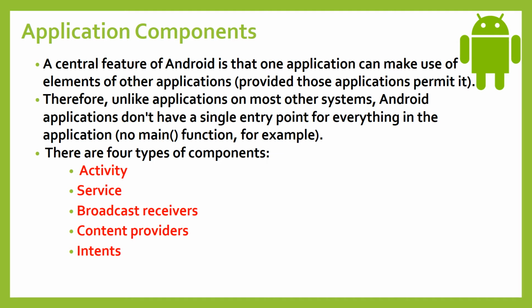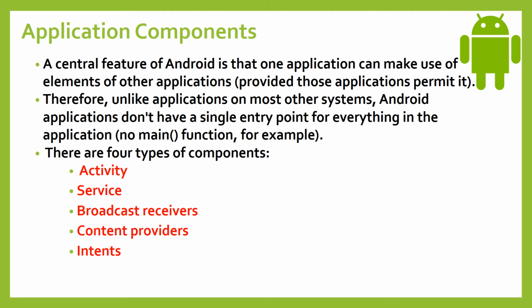So there are basically 4 important components in an Android application. Not necessarily all apps will have all the components. Based on the type of the application that you design and the purpose of the app, we will have the components, maybe few, maybe all.